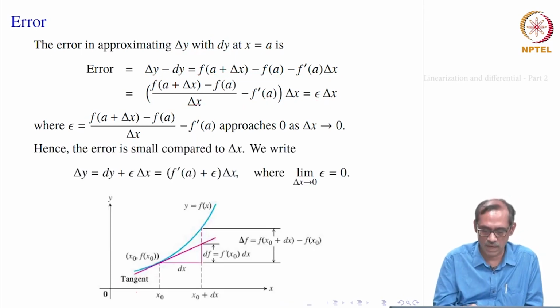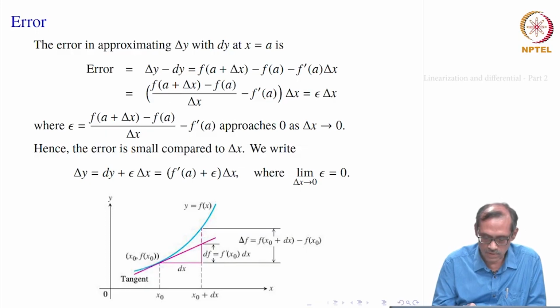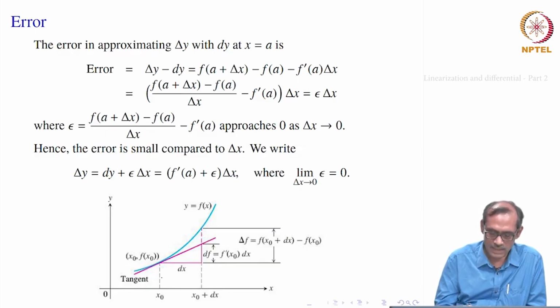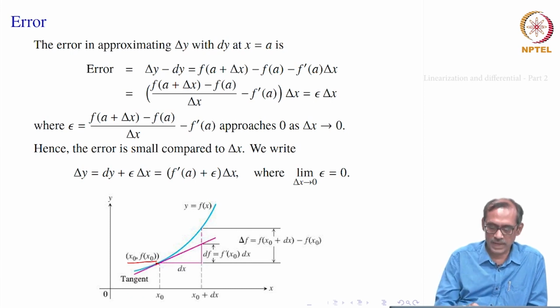Let us look at the figure, how it looks. Suppose you have the curve, say y equal to f of x, and at the point A, which we are writing x 0 here, we have the point x 0, f of x 0 on the curve, the blue one, and we have a tangent at that point, which is the pink one.